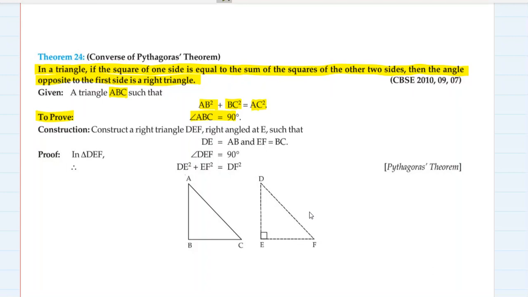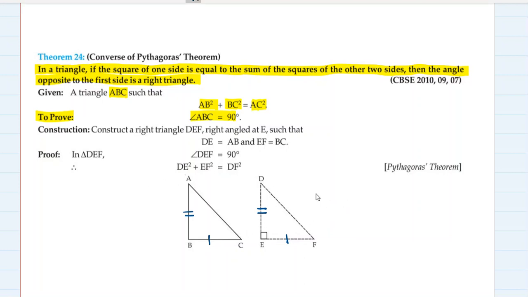You have to construct a right angle triangle DEF, right angled at E, such that DE is equal to AB and EF is equal to BC. So this is by construction. Okay.